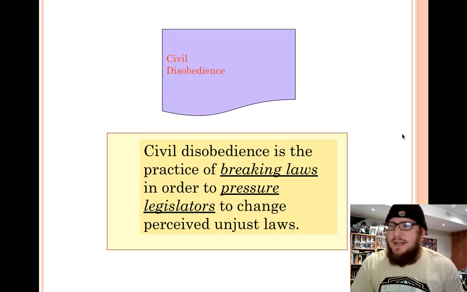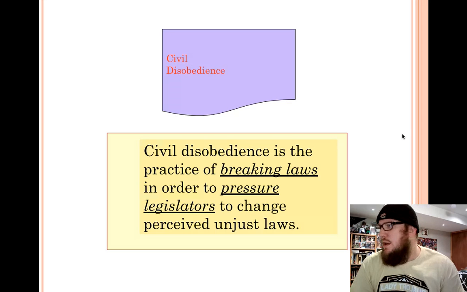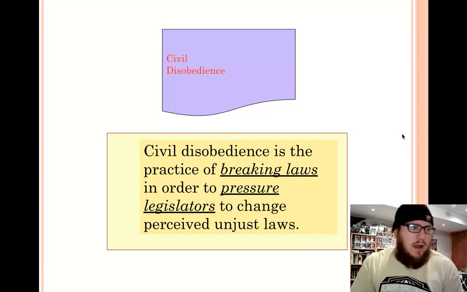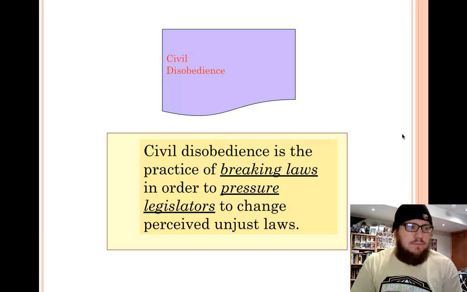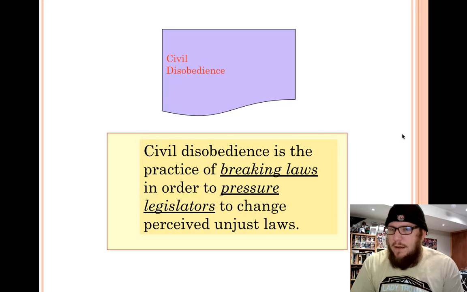So when there were sit-ins at lunch counters, when black folks packed the bus in Montgomery, those became ways of openly breaking the law, and the goal is to put pressure on the government to change those laws, right?